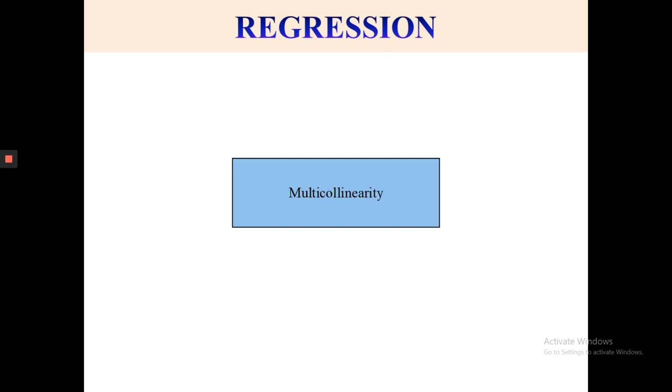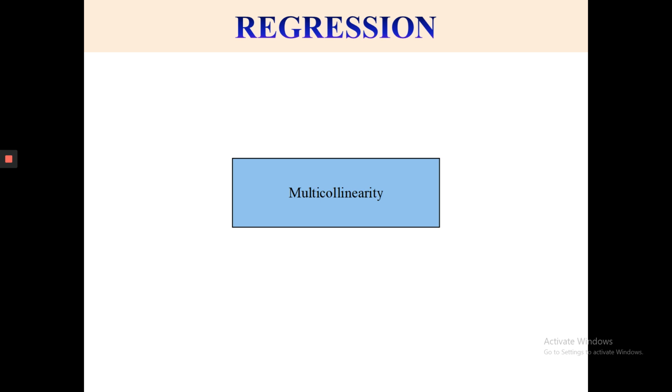Now we move to the last part, which is multicollinearity. Multicollinearity is a state of very high intercorrelation, a high relationship among the independent variables.